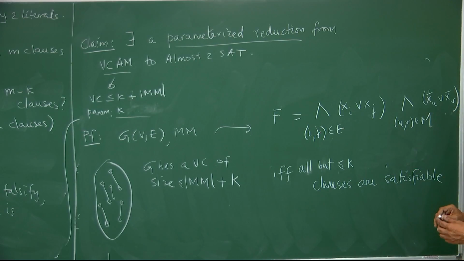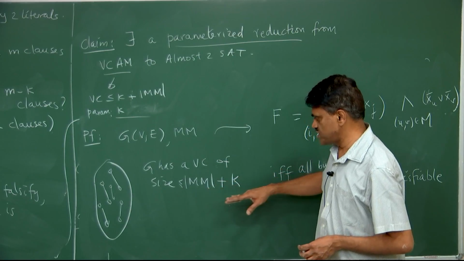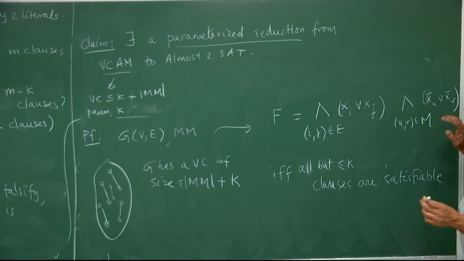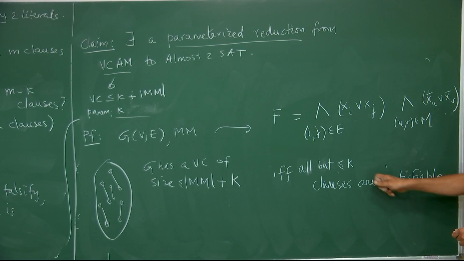My claim is G has a vertex cover of size at most the size of the matching plus k if and only if there is some assignment to the variables of the formula which will satisfy all but at most k of these clauses. Okay, let us just verify this slowly. One direction is easy, we already saw, but the other direction requires a bit of work.